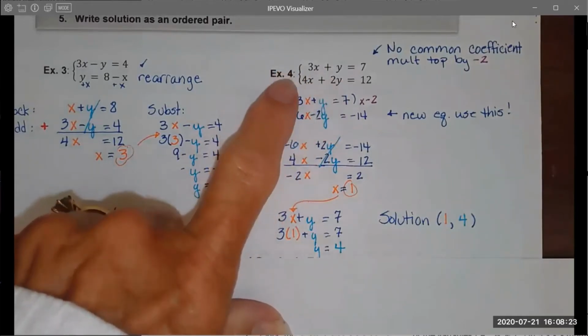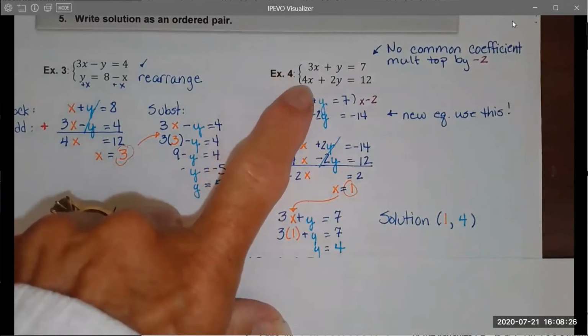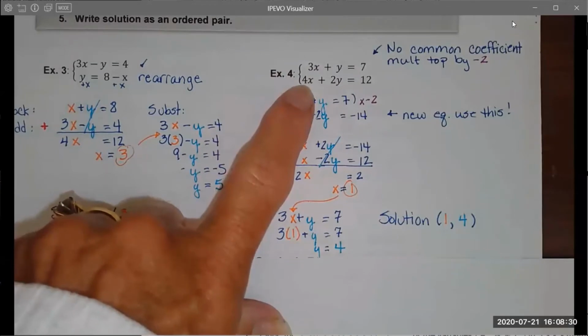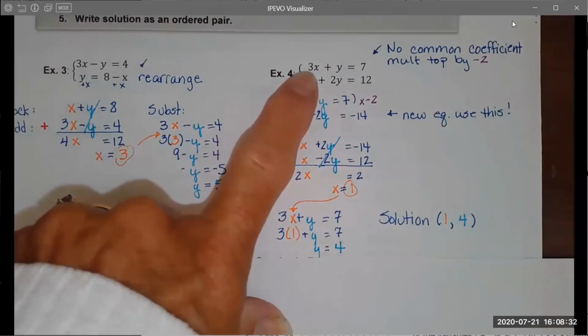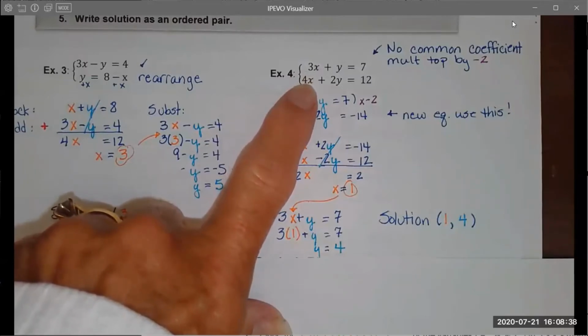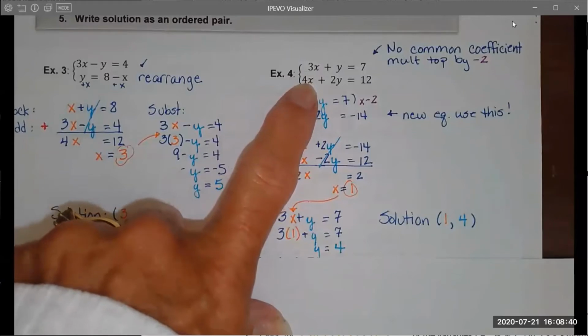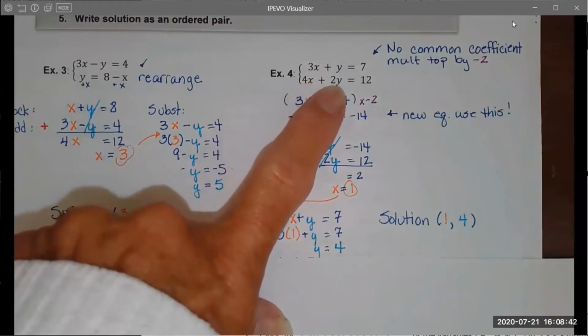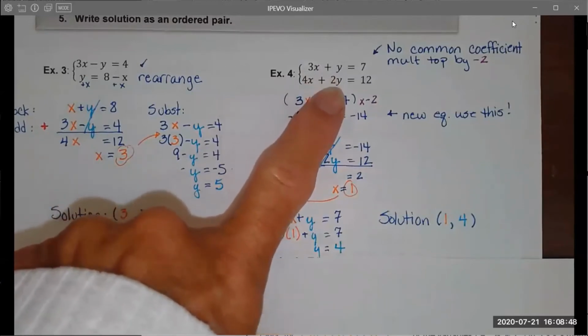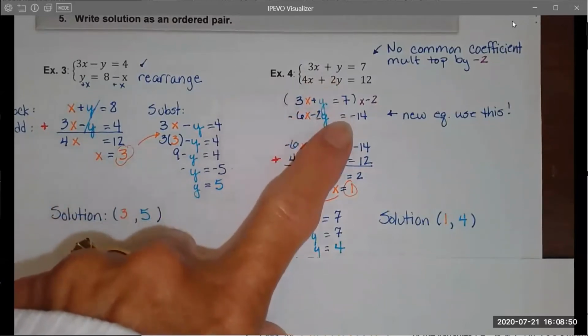I could have chosen to change both equations such that they had 12x for the coefficient. That would have required me multiplying the top equation by 4, the bottom equation by 3. The more steps I take, the more likely I am to make a mistake, so I chose not to do that. Instead, I noticed that if I multiplied the top equation by 2, then my y values would match. They would have the same coefficient. So that's what I did.